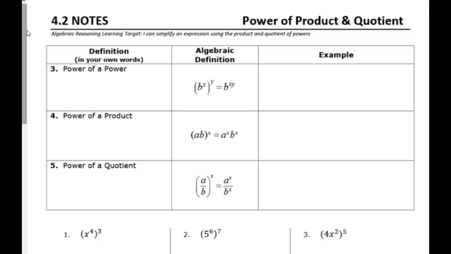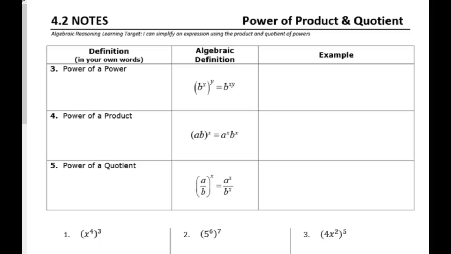we're going to start 4.2 notes, right? Here we go.